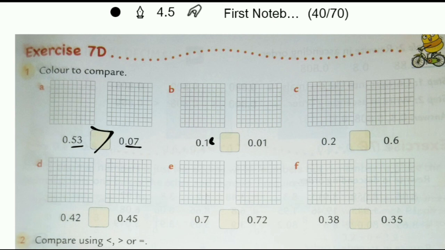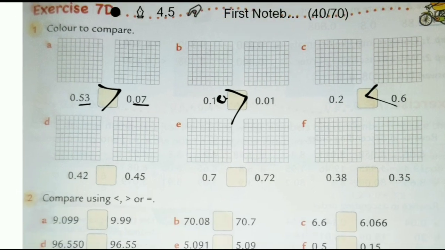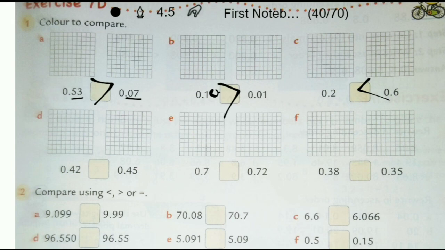We can put one more digit, because after the decimal we want two digits. So now it is 0.10 and 0.01. So 0.1 is greater than 0.01. Next, 0.2 and 0.6: 0.6 is greater. Like this we have to find.